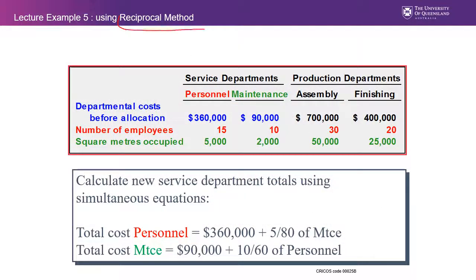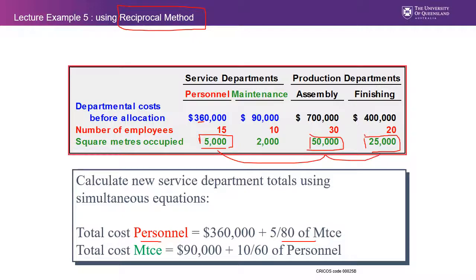Okay, using a reciprocal method, we know that the total cost of personnel is the cost of personnel plus what we use of maintenance. So we know that we use 5/80ths of maintenance based on the square meters that we occupy. So we add together the total square meters that maintenance provides to other departments, and we have 5,000 divided by 80,000.